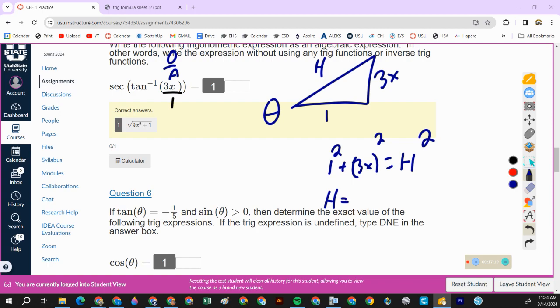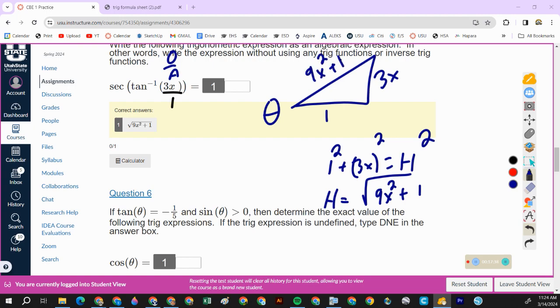So H is the square root of 3x squared plus 1. Oh, 9. Thank you. 9x squared plus 1. So I replace h with the square root of 9x squared plus 1.